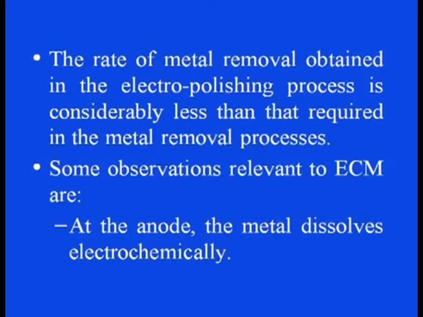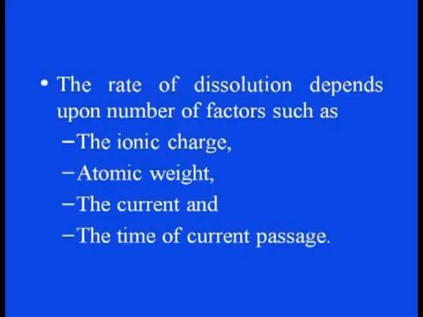Some observations relevant to ECM are: at the anode the metal dissolves electrochemically. The rate of dissolution depends upon a number of factors such as ionic charge, atomic weight, the current, and the time of current passage. The rate of dissolution is not influenced by the hardness of the workpiece material or any other metal characteristics.